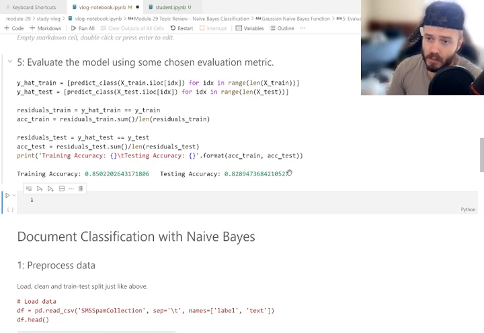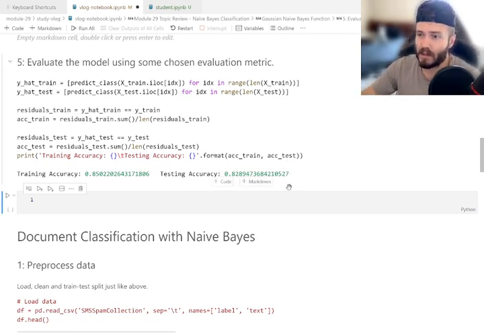But these are pretty close. You got 85% and nearly 83%. That tells me that there's good randomness in the sampling of the training and the test split, as well as it's not a bad model to start with at 85% accuracy.